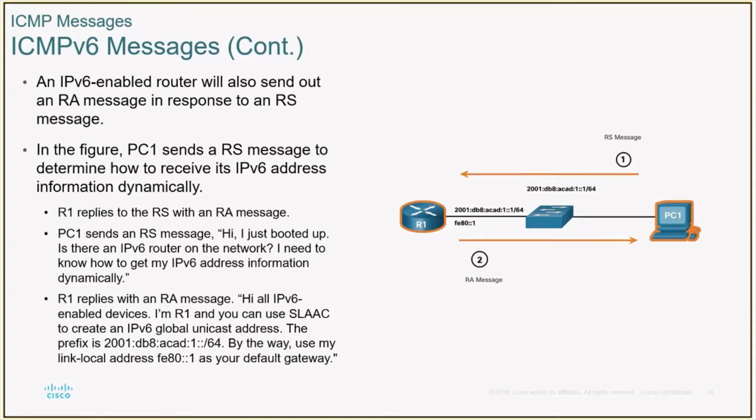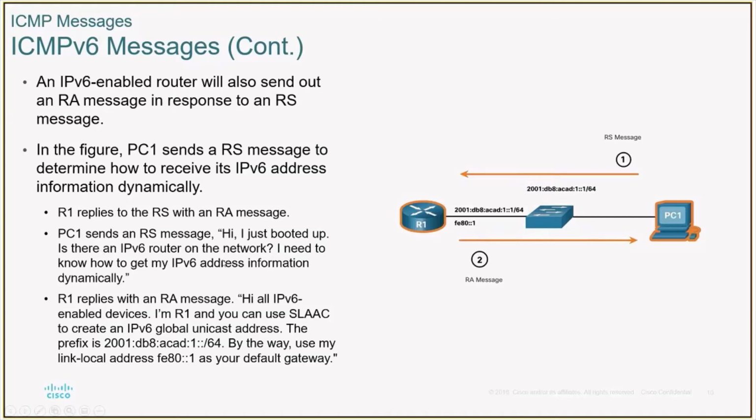An IPv6 enabled router will also send out a router advertisement in response to a router solicitation. In the figure, PC1 sends a router solicitation message to determine how to receive its IPv6 information dynamically. And so, of course, the reply to a router solicitation is the router advertisement. And so basically the process is, hi, I just booted up. Is there an IPv6 router on the network?